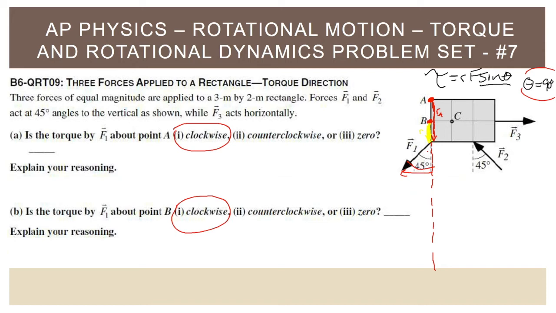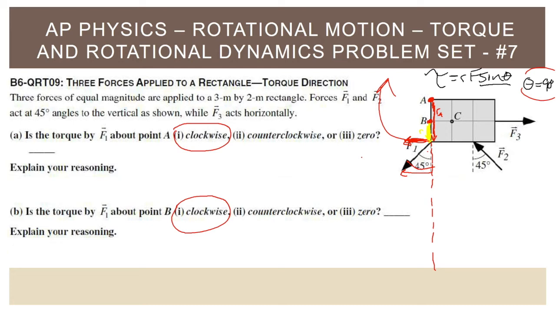And so as I drew down here, of course, the component of F1 that acts perpendicular to these R vectors is pointing this way. And hopefully you can tell that if you held your finger on A and pulled this corner of this box this way, it's going to rotate up like this clockwise.